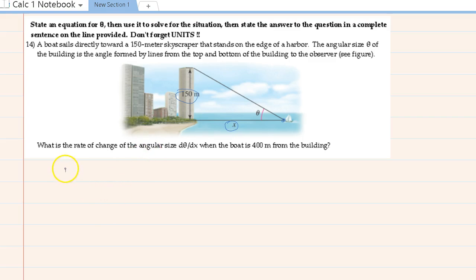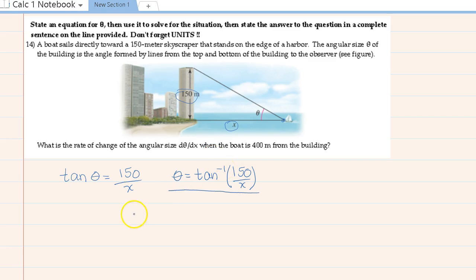So we're going to find that tangent of theta is equal to 150 over x. Now for theta, we're going to say that theta is equal to the inverse tangent of 150 over x. So that answers the first part, which is an equation in terms of theta.